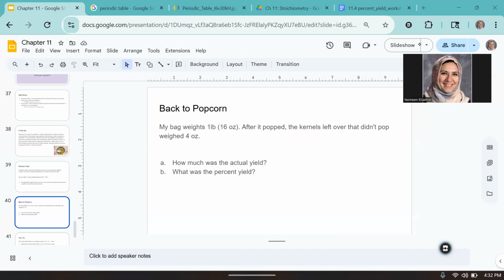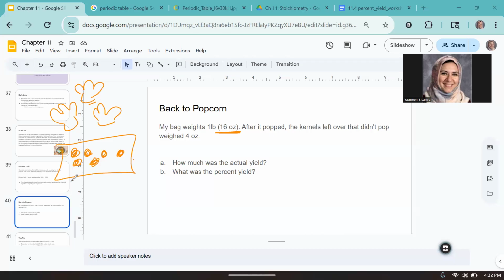Let's say you have a bag of popcorn and it weighs 16 ounces. That's the total weight of the bag of popcorn. It's 16 ounces. After it popped, you had some beautiful popcorn that came out of the popcorn bag, right? But then you had some kernels left over that didn't pop.